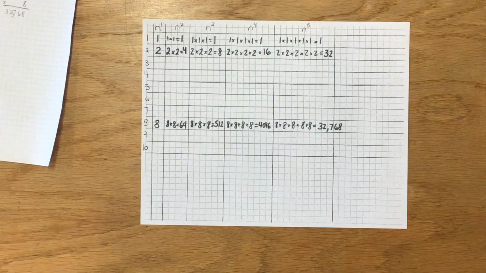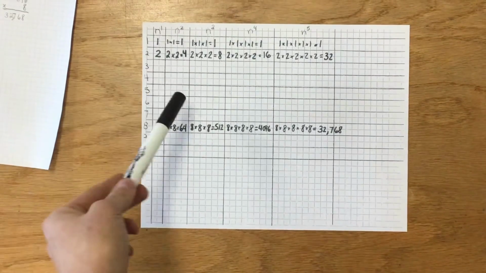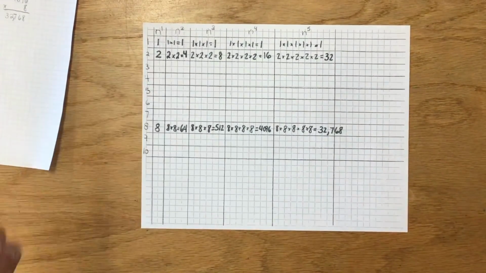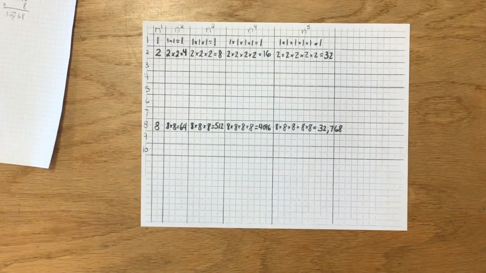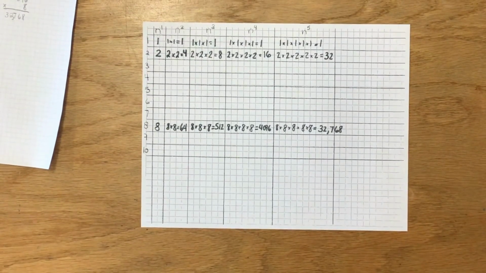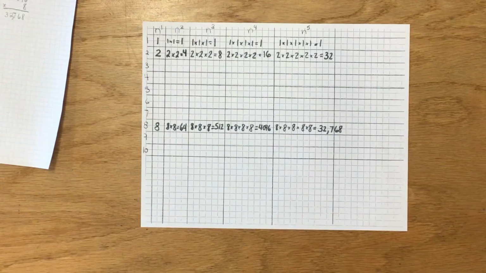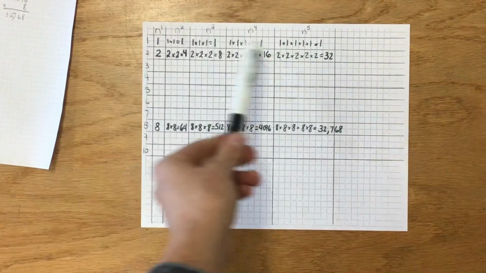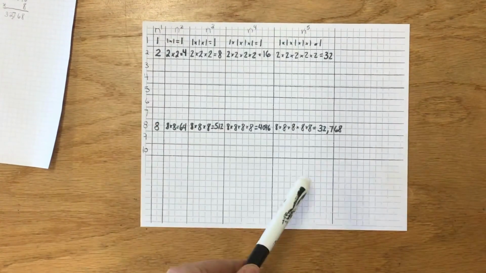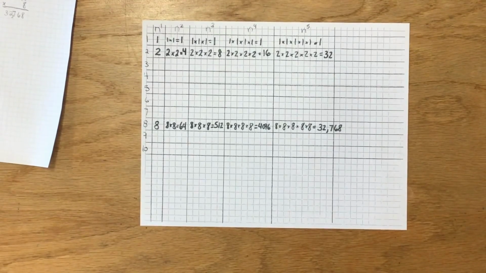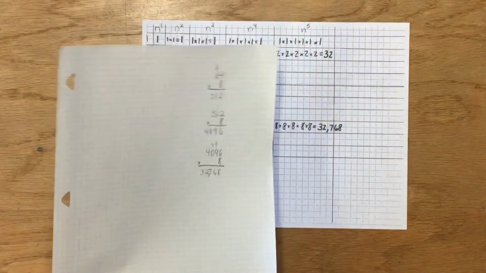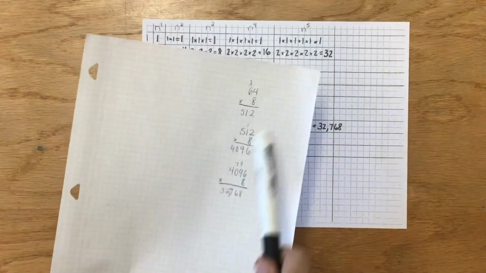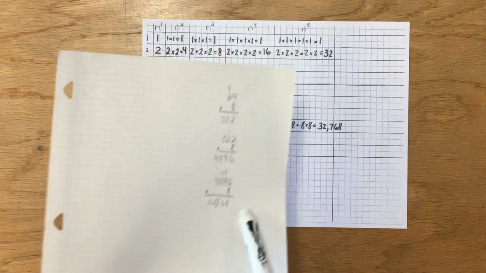There we go. So you can choose to create your own chart in your graph notebook. You can print off this blank one from Canvas, or you could type this chart. But no matter what you choose to do, I expect to see a page full of math like we did with the 8s here.